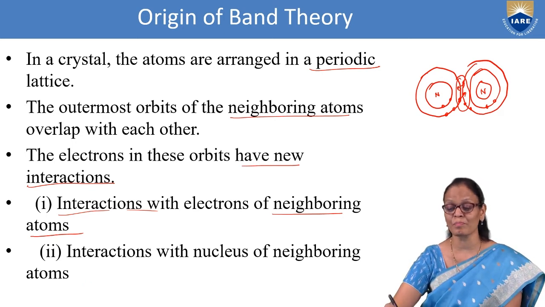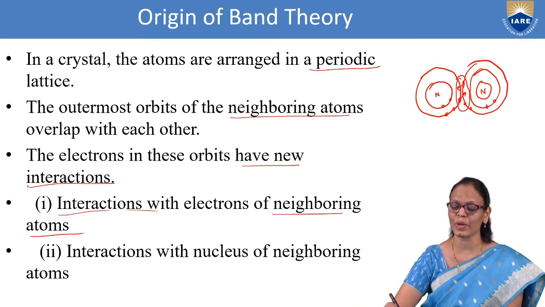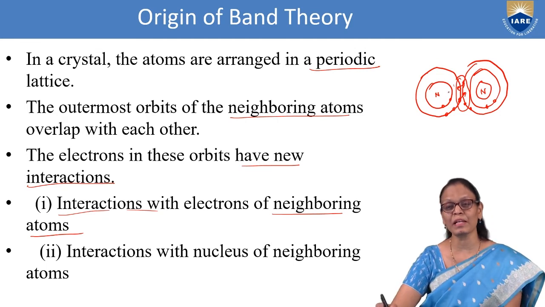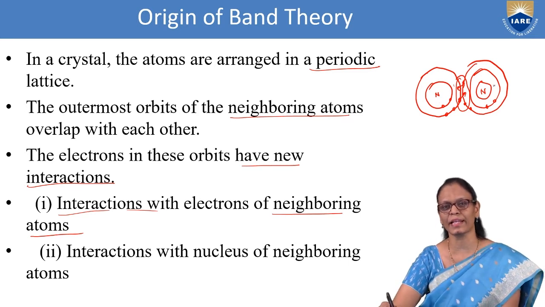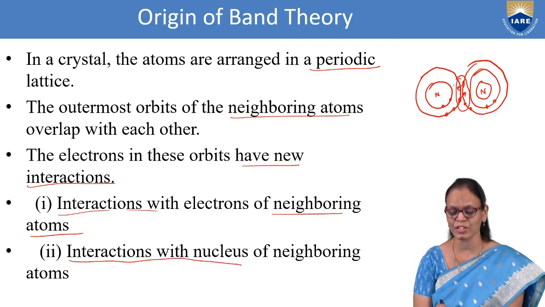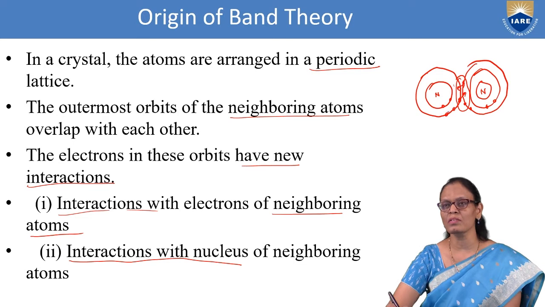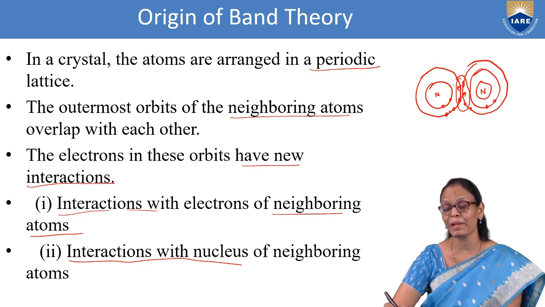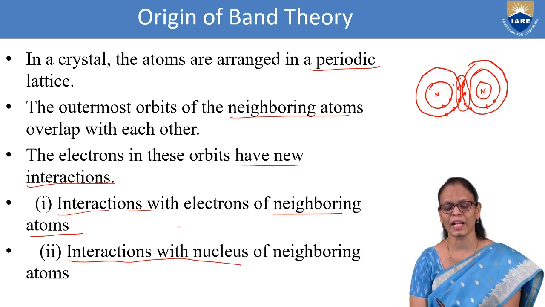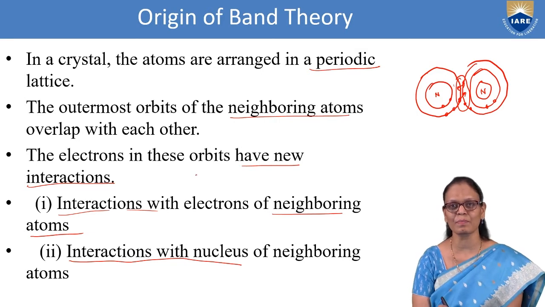In the case of atoms with very large atomic number, where the valence shell is very far from the nucleus, if it comes very close to the next atom, there may be an interaction of the electrons of the first atom with the nucleus of the second atom. That is what we are talking about. So, the interactions vary, and therefore the energies may vary.